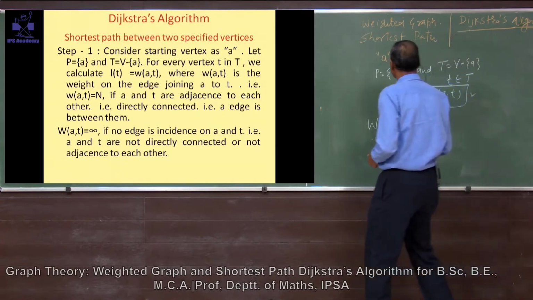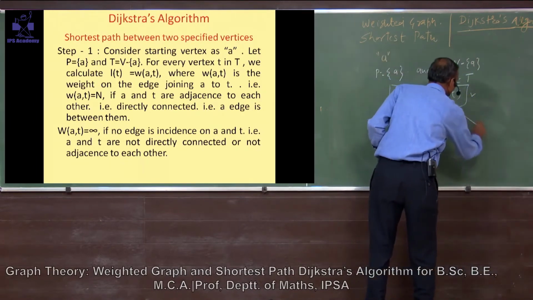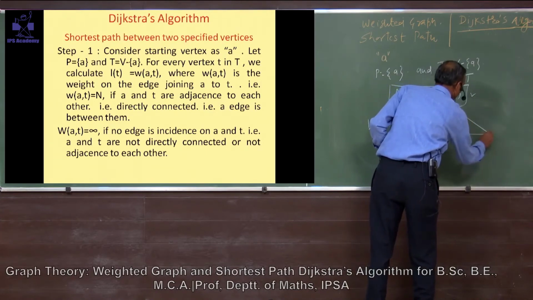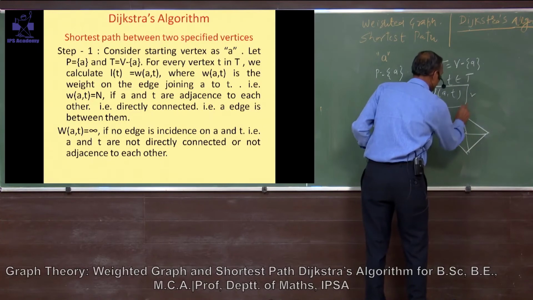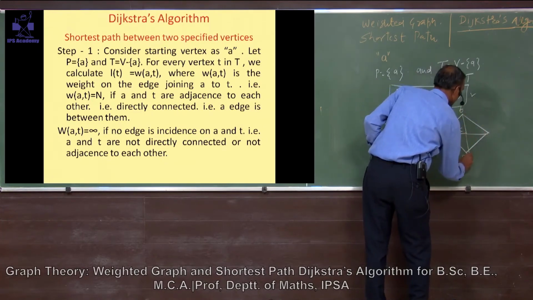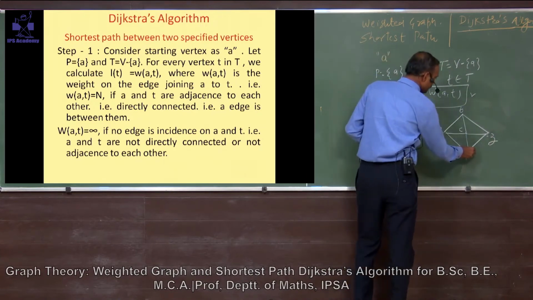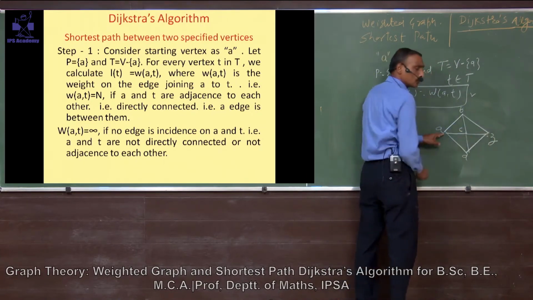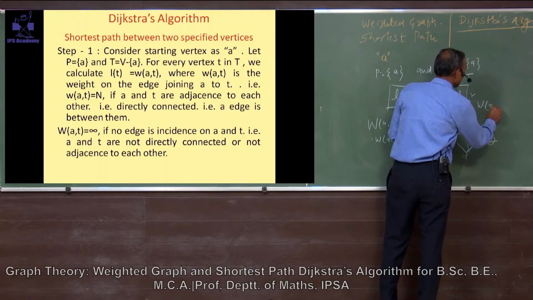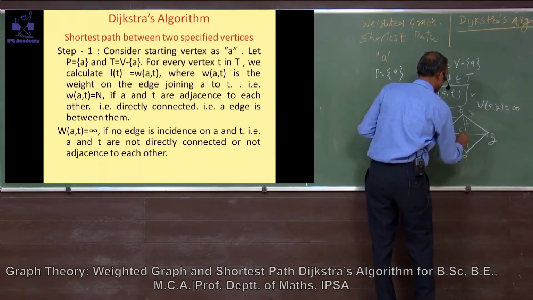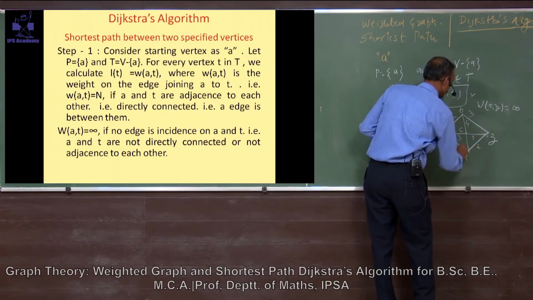A simple example: suppose this is a graph with A connected to B, C, D, and this is Z, with weights 2, 3, 4, 3, 9, 2, 1.